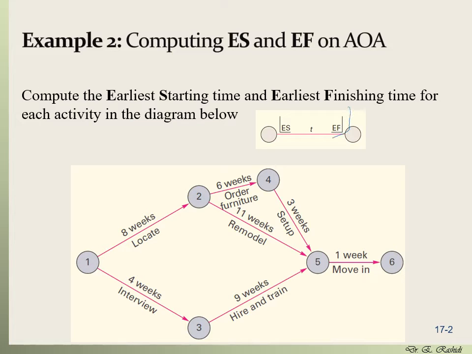We're going to make this little tiny figure above each of the arrows, because this is an activity on arrow network, and T stands for the timing, the processing time, or the time that it takes an activity to be completed.